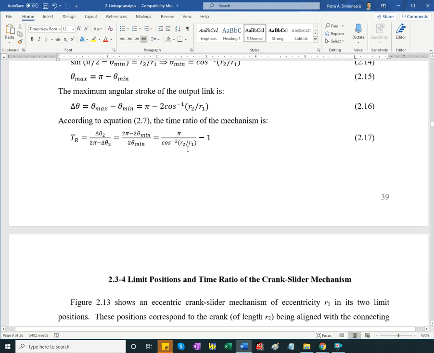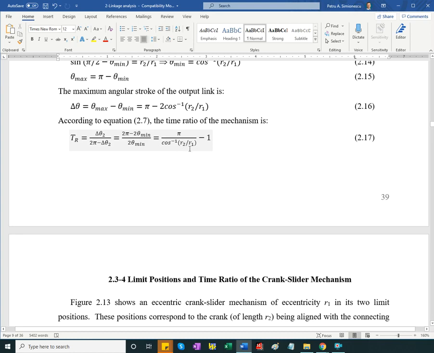Again, it depends on the ratio of the crank R2 to R1, the base link. If I have R2 bigger than R1, then the arc cosine function has no meaning, because the argument of the arc cosine function has to be in absolute value less than 1, that is, between -1 and 1.